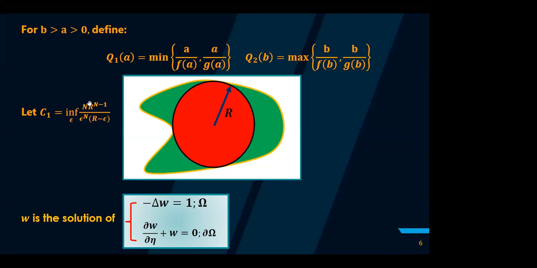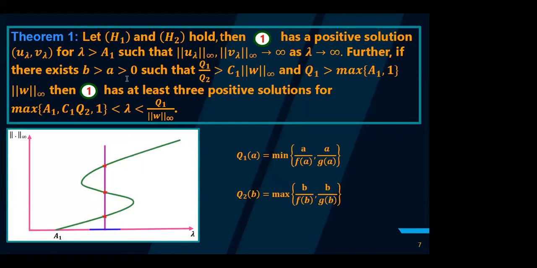Having said all that, I'm ready to state my results now. Here is the theorem 1 that we established. Let H1 and H2 hold. Then our model has a positive solution (u lambda, v lambda) for lambda bigger than the principal eigenvalue, such that the sup norm of each individual component goes to infinity as lambda goes to infinity.